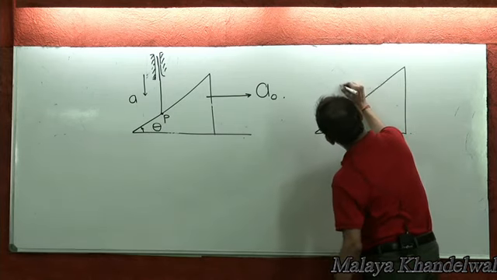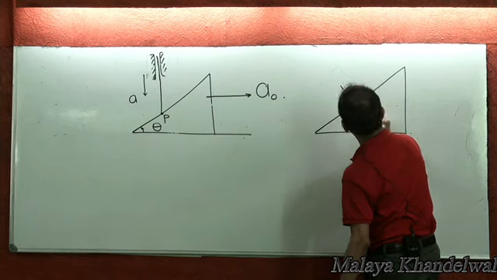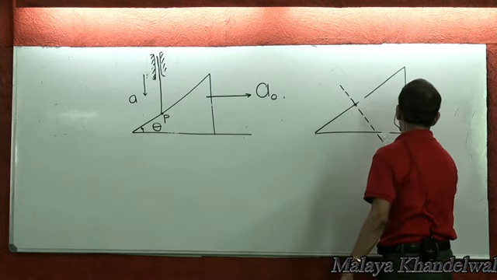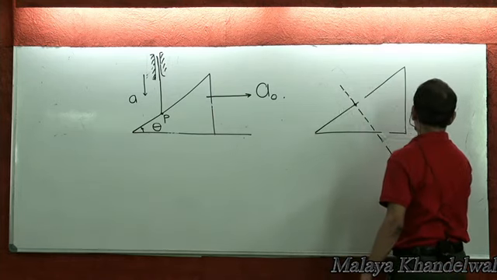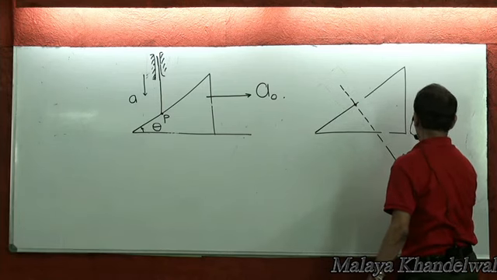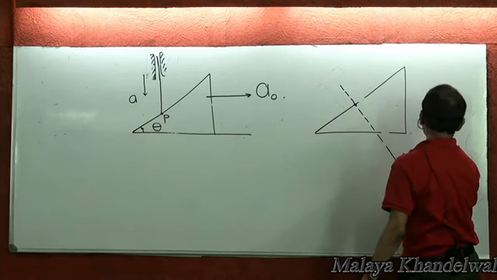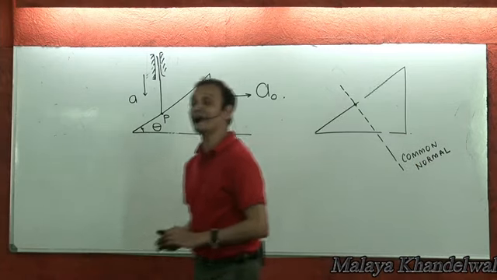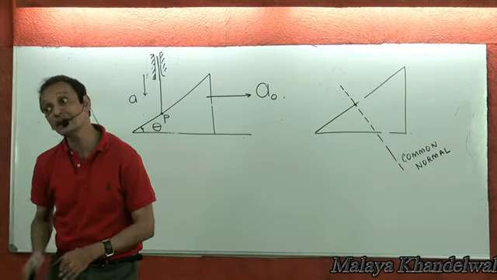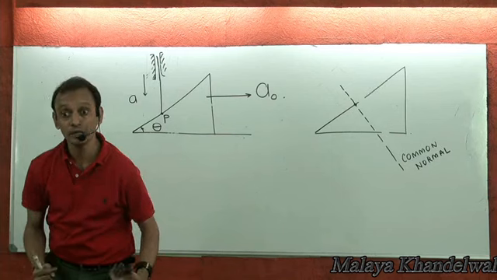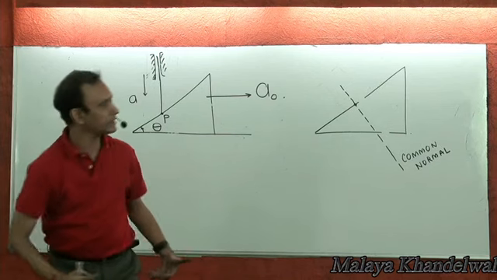This is the common normal direction. The normal to the surface is the common normal direction. Along this direction, in order that contact is maintained, they must have the same acceleration, right?